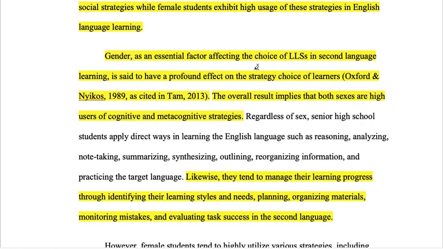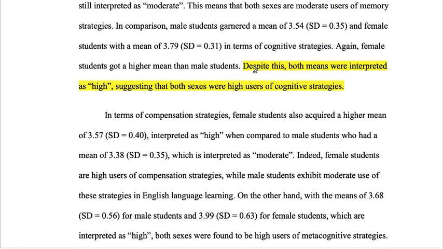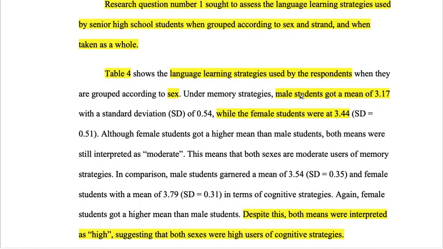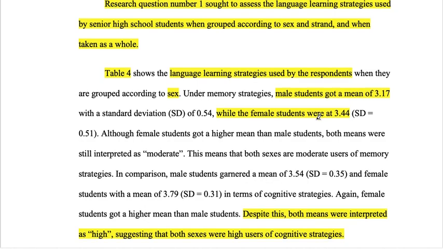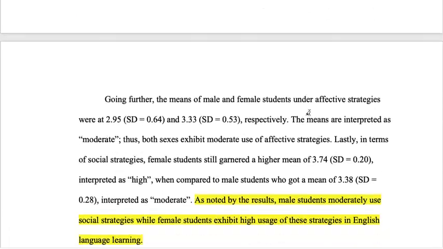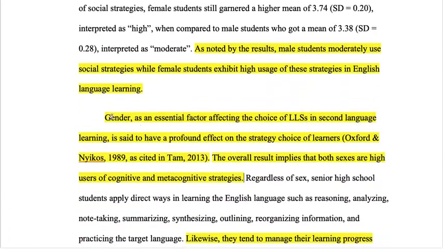First things first, let's go back. You discuss the results of your study. Discuss the means of responses coming from the female students and the male students. Proceed with citing sources or relevant literature according to your study, and implying on the results.